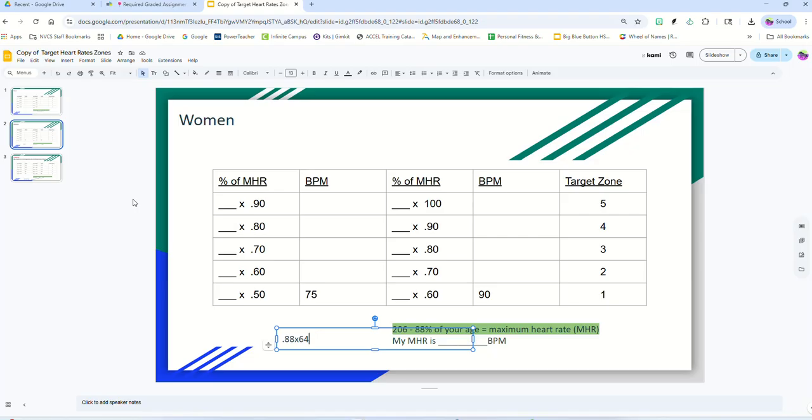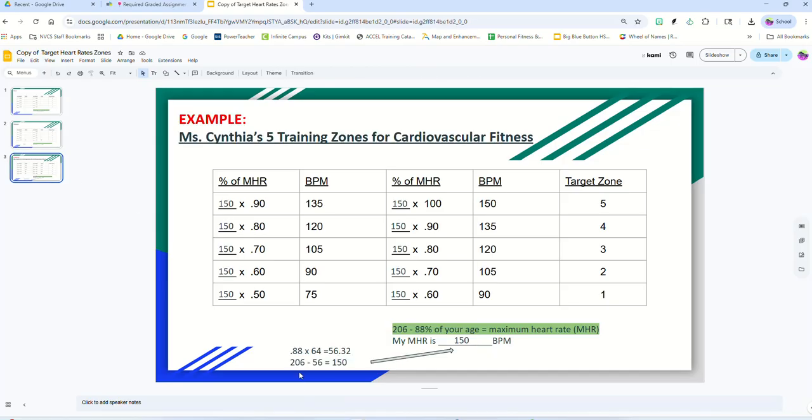For me, it was 64. So once you take 0.88 times 64, that's going to give me 88% of my age. So 0.88 times 64 is 56.32. If you look at Miss Cynthia's, it's 56.32.